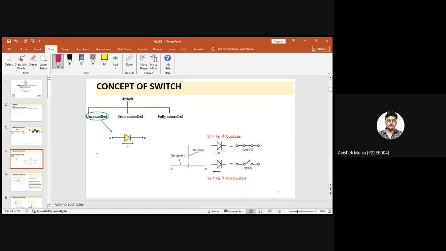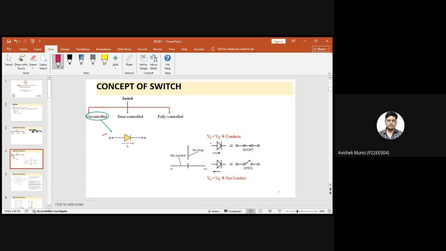We cannot turn it on or off by our own means, but it turns on and off by itself. It cannot be controlled by any kind of control pulse. So that is an uncontrolled switch.